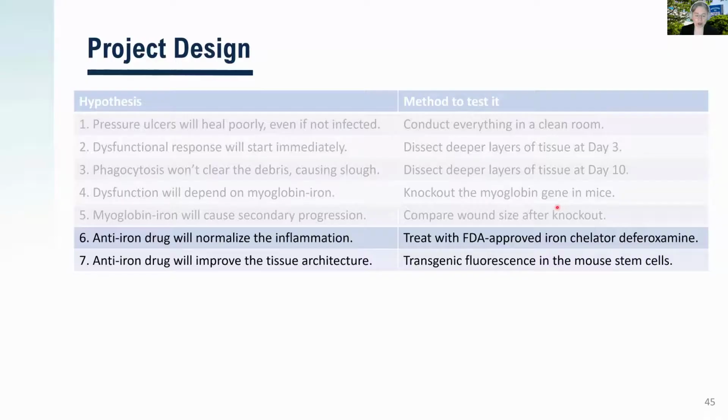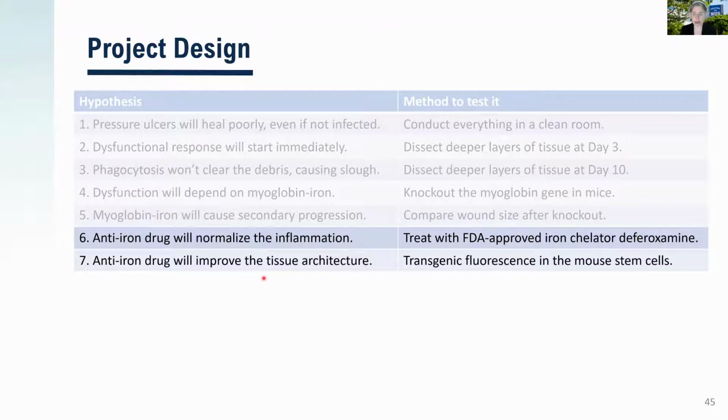So to test the hypothesis, we're going to treat with the iron chelator, the FDA-approved drug deferoxamine. To look at the tissue architecture, we need to see the difference between regenerated tissue and the pre-existing tissue that the mice grew up with. So we use inducible fluorescence lineage tracing.